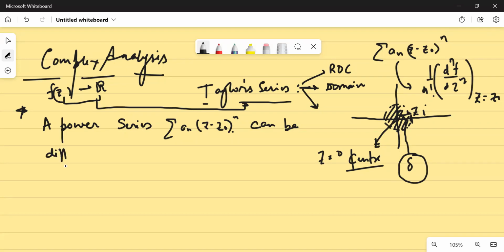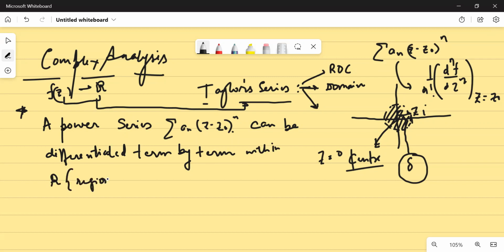It can be differentiated term by term, within the region R. What is the region R? Region R is the region of holomorphy, or you can say analyticity, or the domain of convergence.